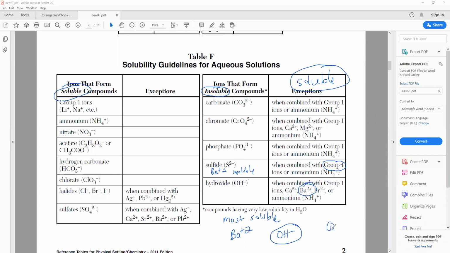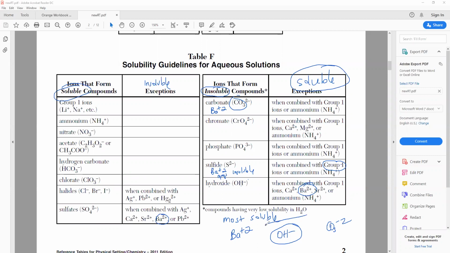We have carbonate. Carbonates are over here, so they're going to be insoluble unless you have a group 1 or ammonium. What did we say barium is? Barium is a group 2. Therefore, it's going to be insoluble. And finally, sulfates. Sulfates are over here. They're soluble, but we see barium makes it insoluble.